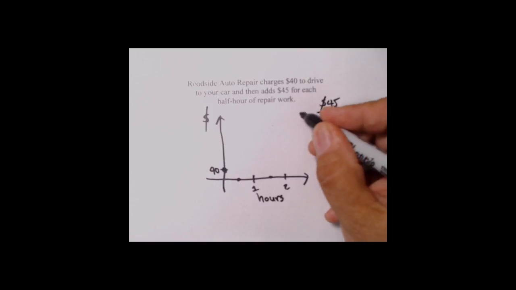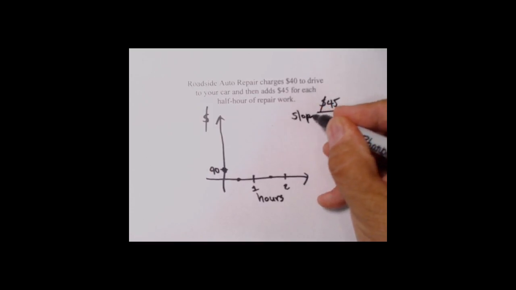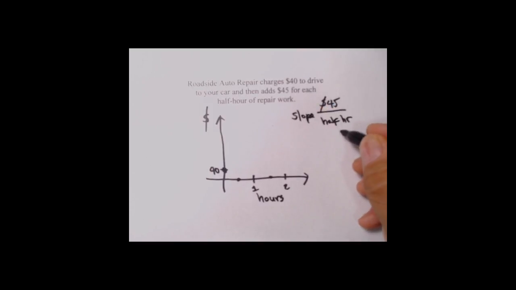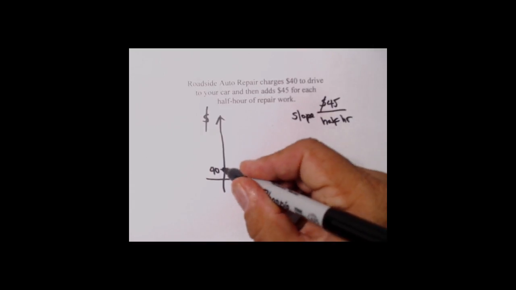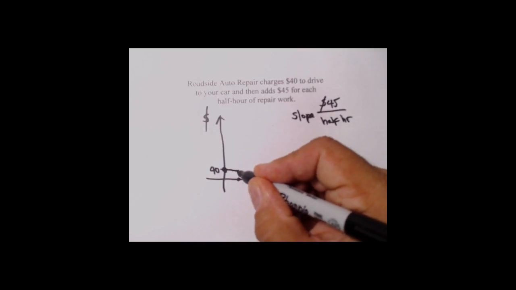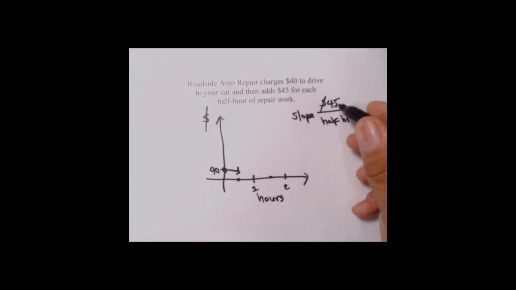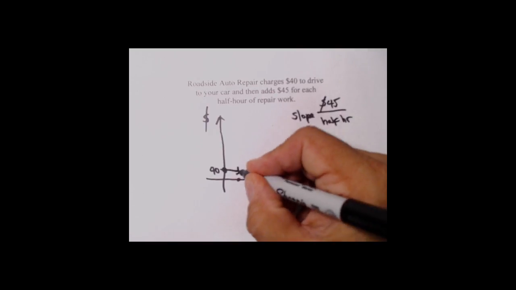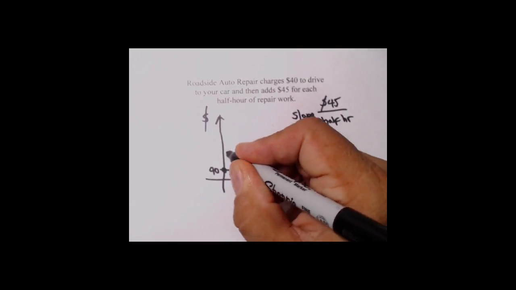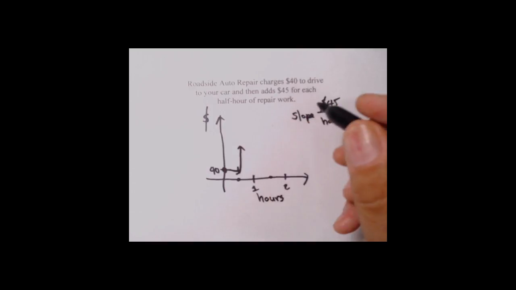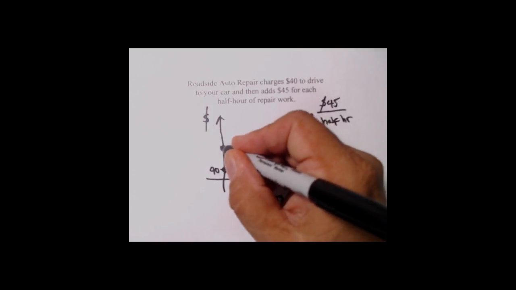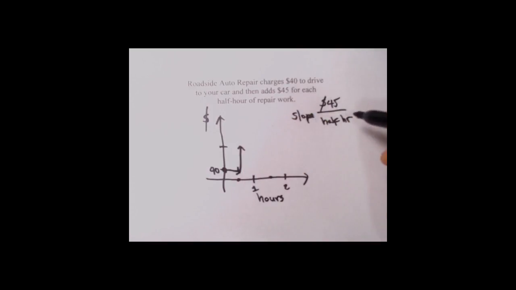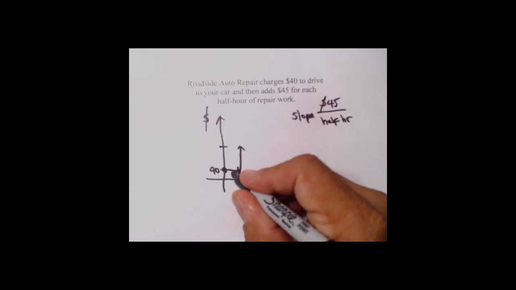This again is our slope, good old rise over run, and that means we go over a half hour, right to here, and then we've got to go up $45. Somewhere up here, you've got labels on your axis, and $45, well, let's label this here.